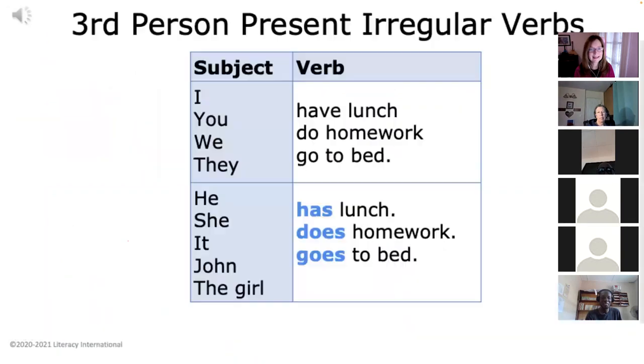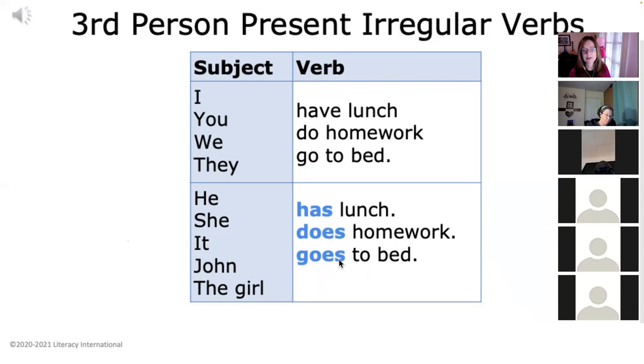So then, there are a few of the verbs that are irregular. Most of the verbs, we just put an S at the end of them. However, the verbs have, do, and go have a slightly different form. Instead of saying haves, we change it to has. Instead of do's, we say does. So the pronunciation changes and it's got an ES.